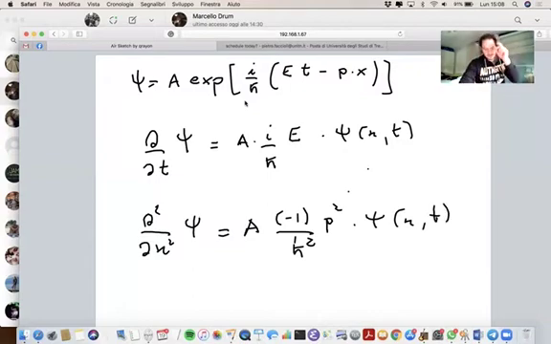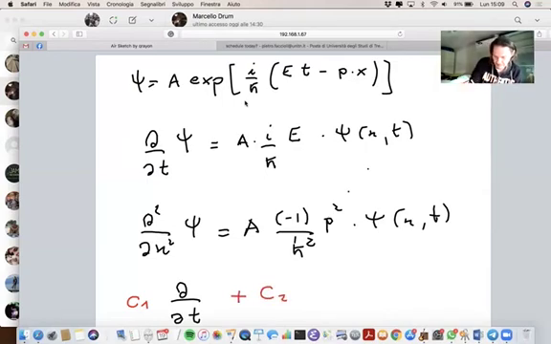So now, clearly, I want to combine these two terms to form an equation that is fulfilled if E is equal to p squared over 2m. So basically what I'm going to do is put here two constants, C1, and then I get d by dt plus a constant C2.